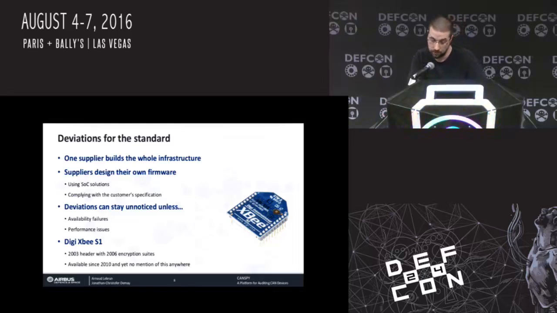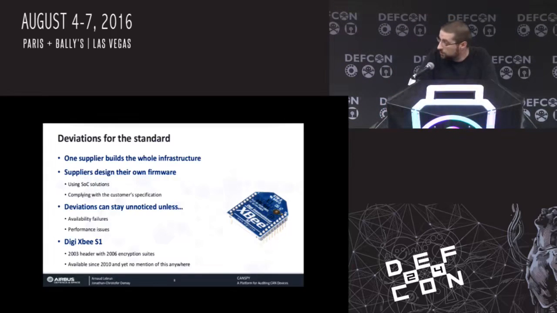We have one good example of this. Well, actually, we have many, but this one, we can publicly talk about it because the component is publicly available to anyone. That is the XB S1 chip from DG, who is using the 2003 version of the frame format, but the 2006 security suites for encryption.